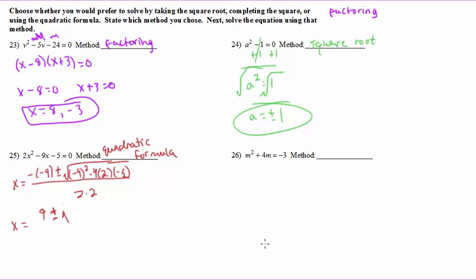Okay, so that's good. Square root of 121 over 4, because 2 times 2 is 4. So I can take the square root of 121 and I get 11.